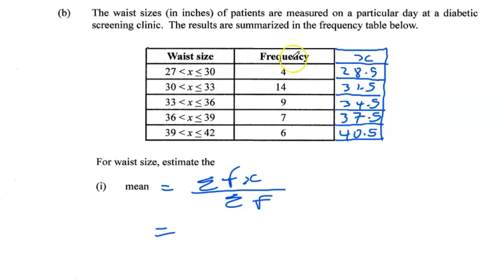So for the sum of fx, we're going to multiply x by the frequency. The frequency is f, right? So f times x, and we sum all the values. Let me bring it further to the right so I'll have more space.